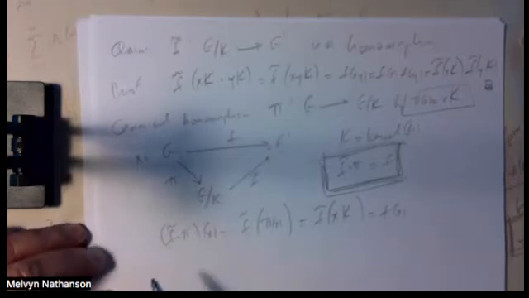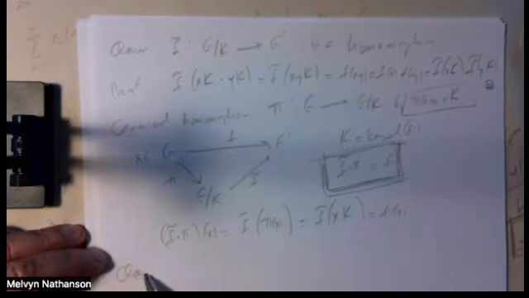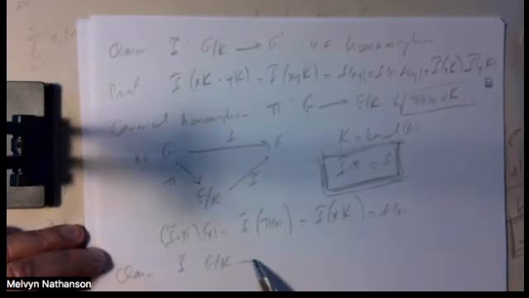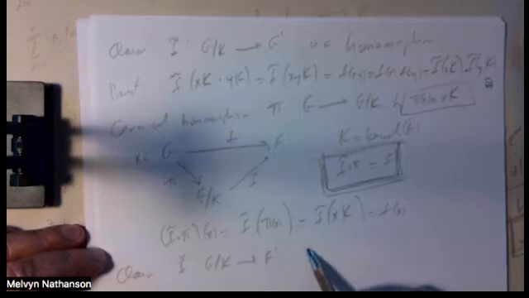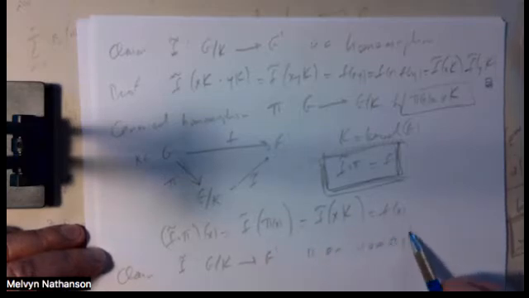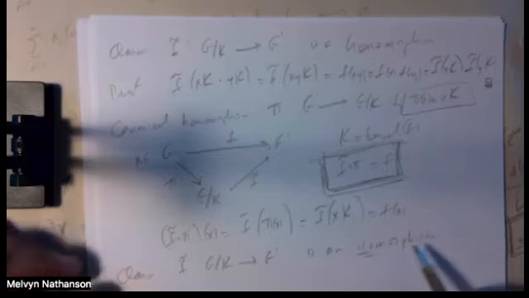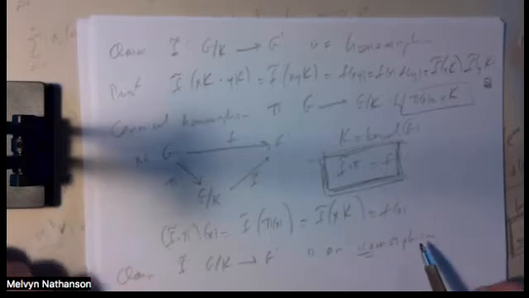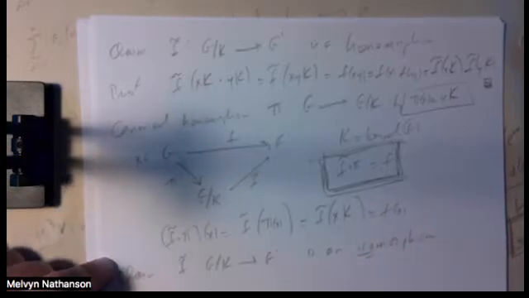Moreover, f tilde from G mod K to G prime, it's not just a homomorphism, it's an isomorphism. That means it's one-to-one and onto. So why is it onto? That's easy to see.